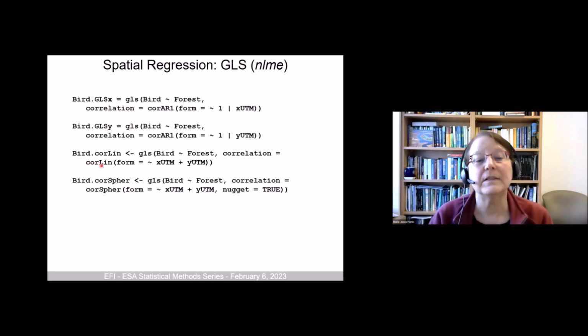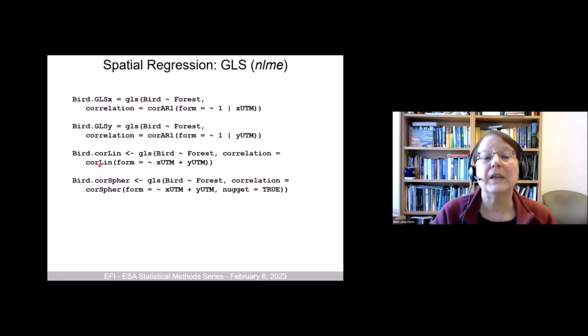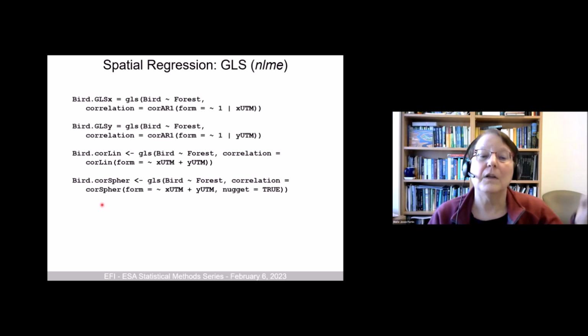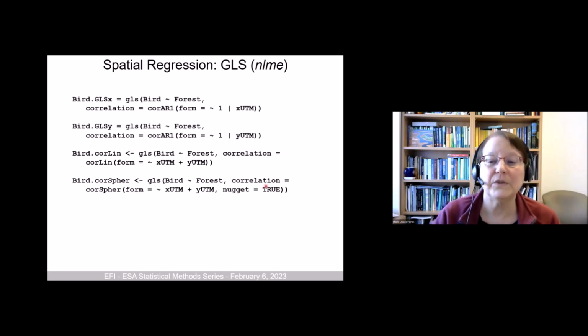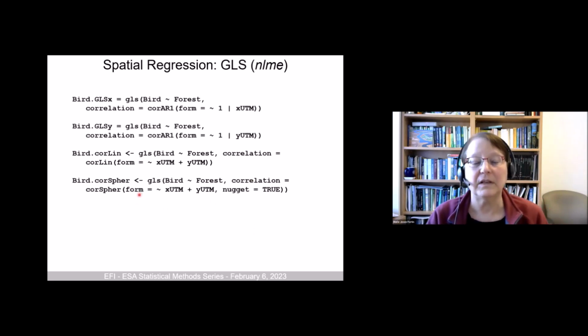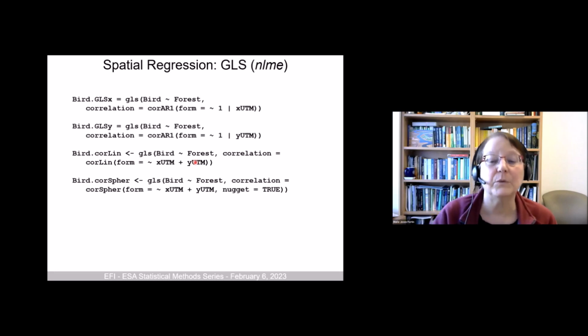So here is using in the spatial error a linear variogram. And the last one is using in the error a spherical variogram. So this is with a nugget effect and so on. So those are kind of this third one is in spirit the same kind of trend surface analysis that we have seen.